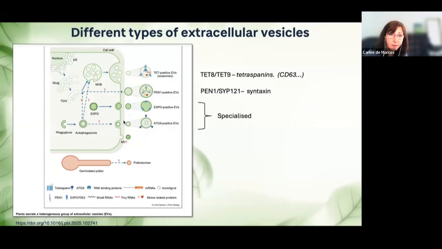So the field is currently looking at all these types of EVs and trying to understand what is the composition in lipids, in proteins, and seeing if these markers that have been identified in Arabidopsis thaliana are also markers of other types of plants, which can be the case sometimes, for example, in benthamiana, but can also not be the case in some other types of plants. And so you understand that at this point, we have to find yet again new markers and again prove the origin and the purity of these EVs in different types of plants.